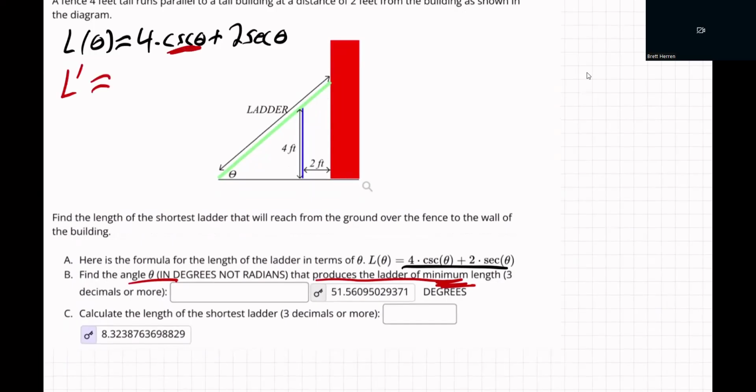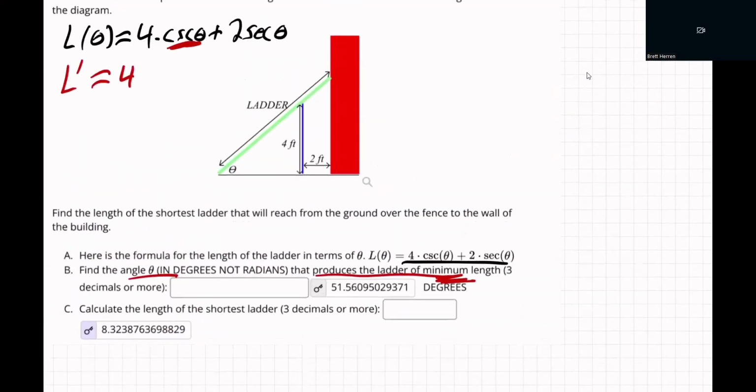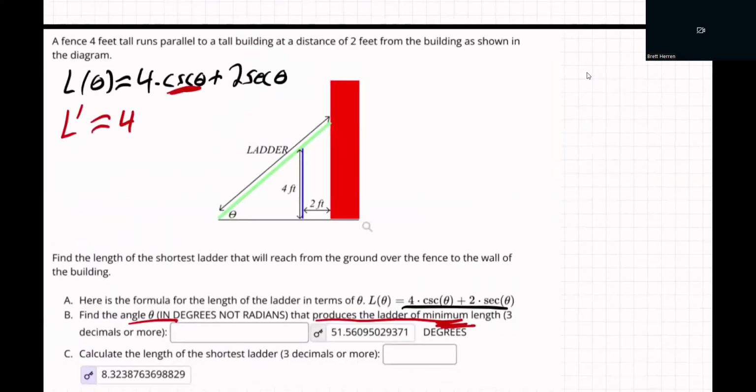Do you remember the derivative of cosecant? It's been a while. Let me remind you. Derivative of secant is secant tangent. And you remember all co-functions: their derivative is negative. Cosine, cosecant, cotangent are always negative, and then you just do the co on these.